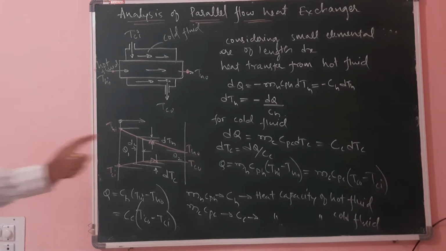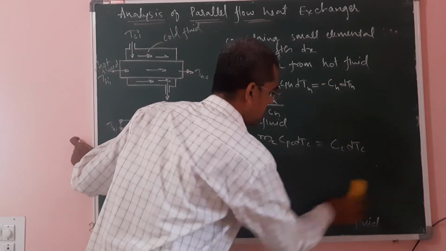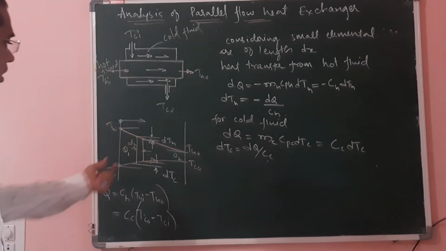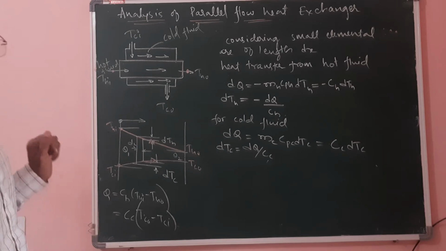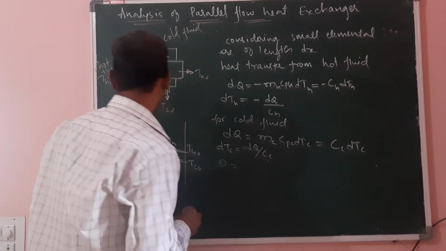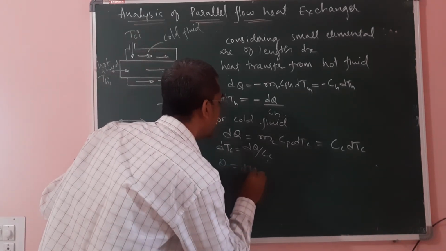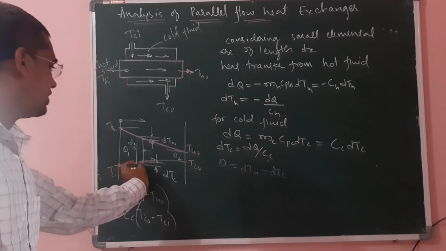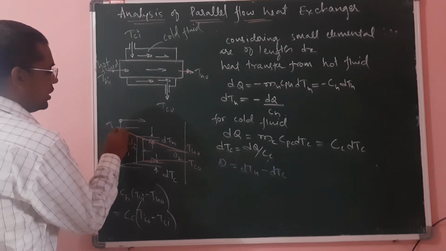For this small elemental thickness, let theta be the temperature difference. Let that theta temperature difference be dTh minus dTc. It is a small change in the temperature difference here.